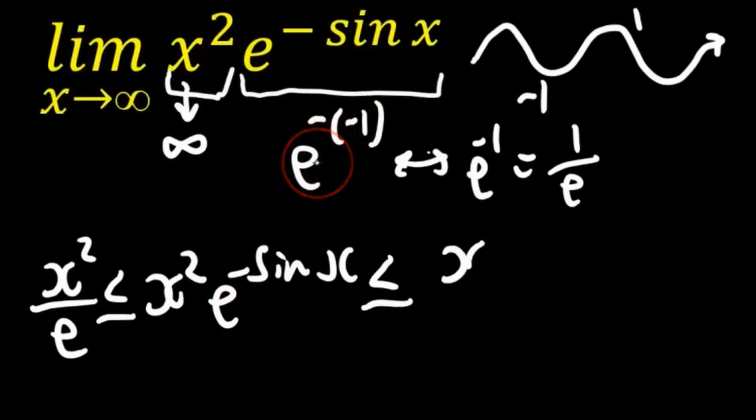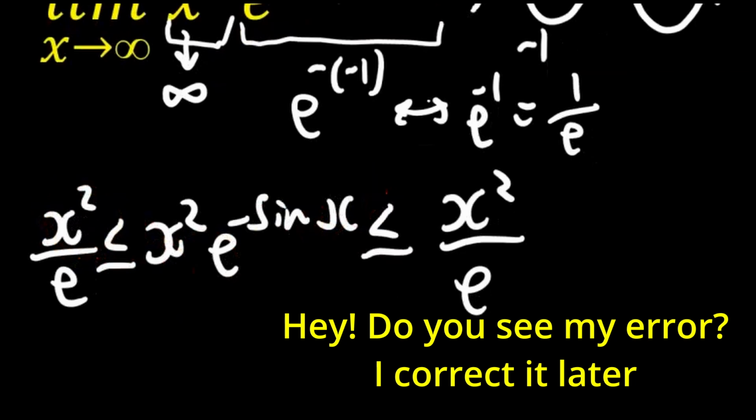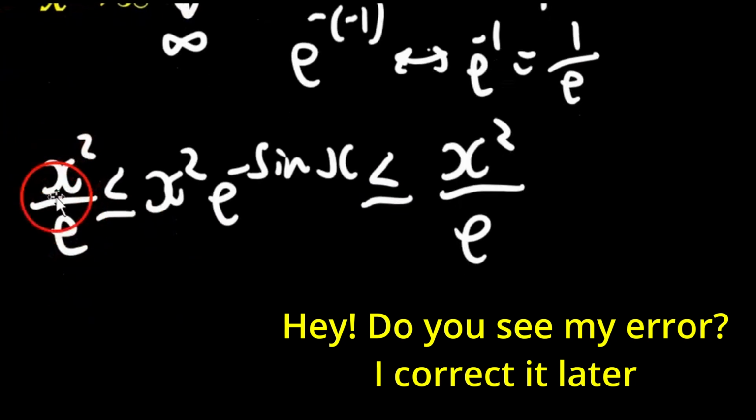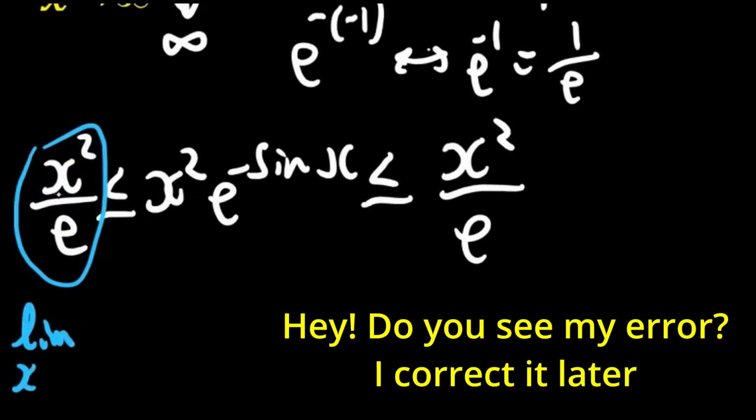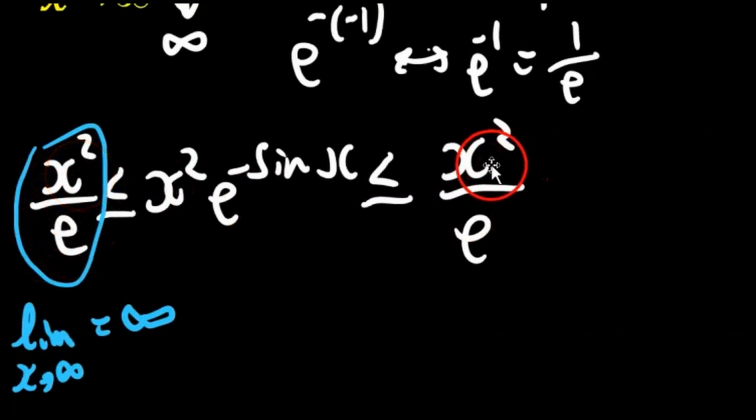So that will be x squared divided by e to the 1, which is just e. And the limit as x goes to infinity of this one has to be infinity because we have a constant denominator and a numerator that just blows up. Same thing here. Well, wait a second.